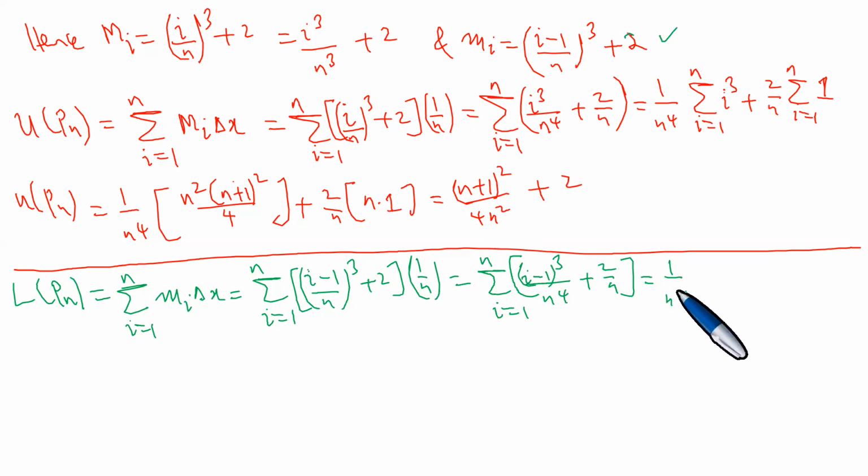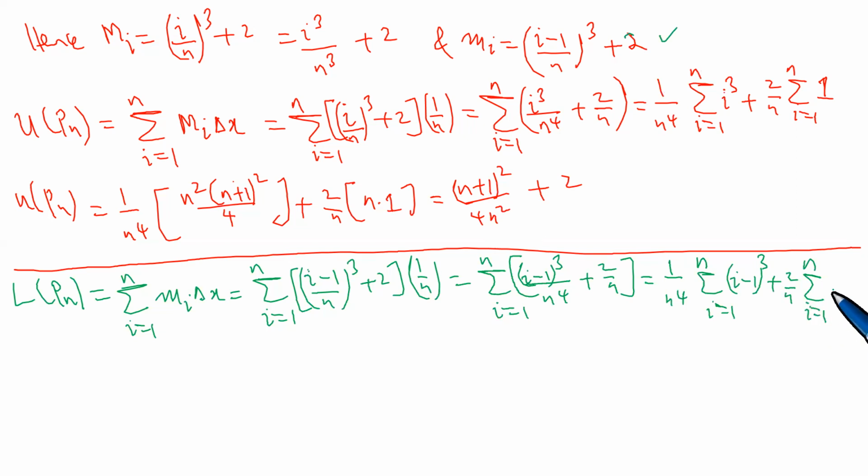So 1 over n to the fourth power, summation of (i minus 1) cubed plus 2 over that.